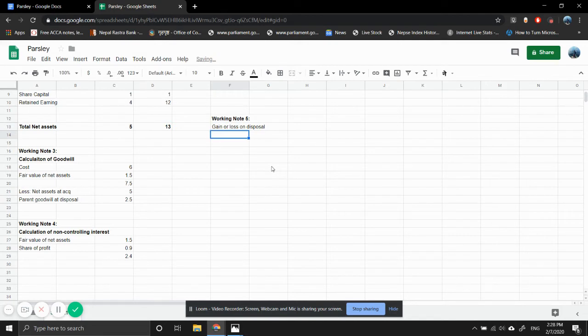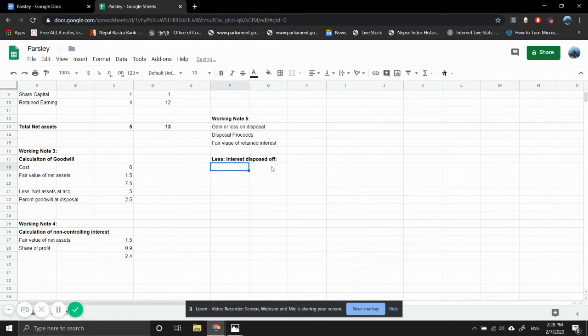So what's our holding percentage? Disposal proceeds, and then fair value of retained interest. Value of retained interest, and then that's pretty much it. Less interest disposed of, right? Interest disposed of, right?